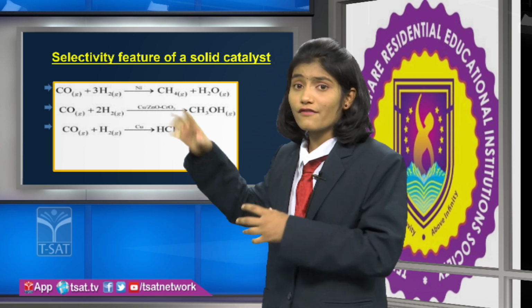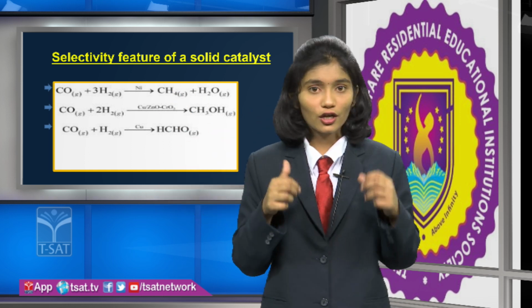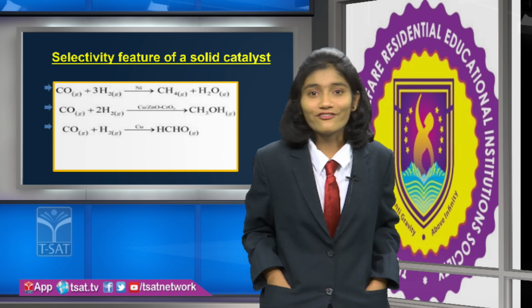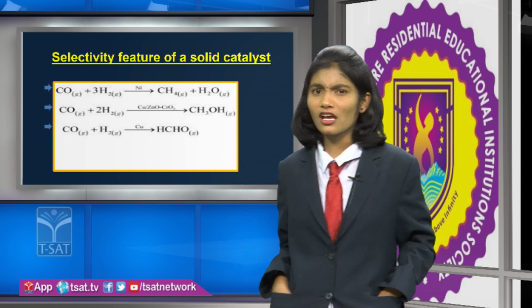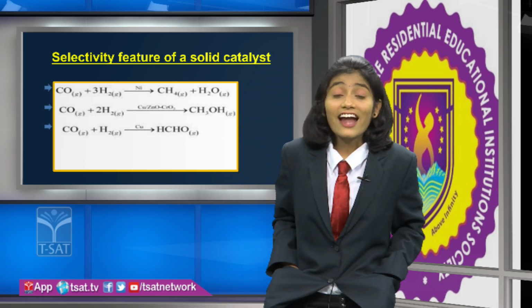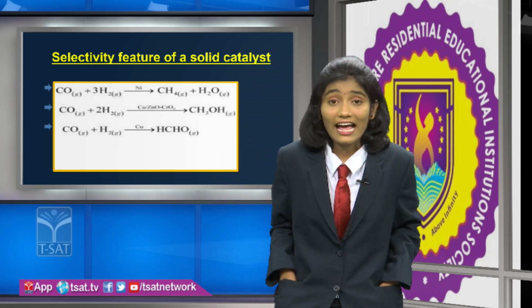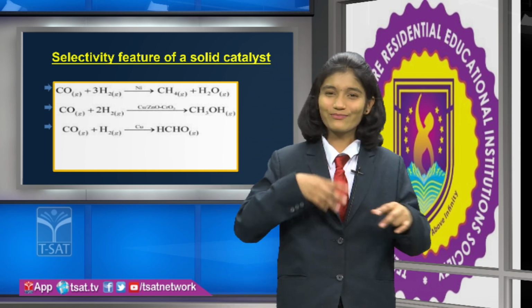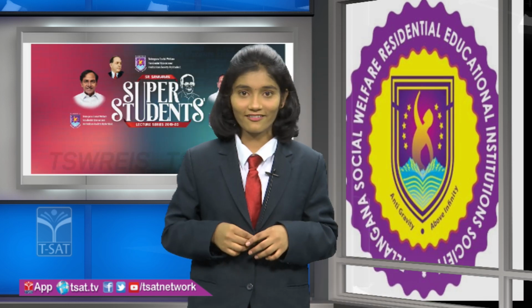So friends, from this we can conclude that based on the products we select the catalyst, isn't it? Here these catalysts direct the reaction to proceed along the path to give specific products, right?